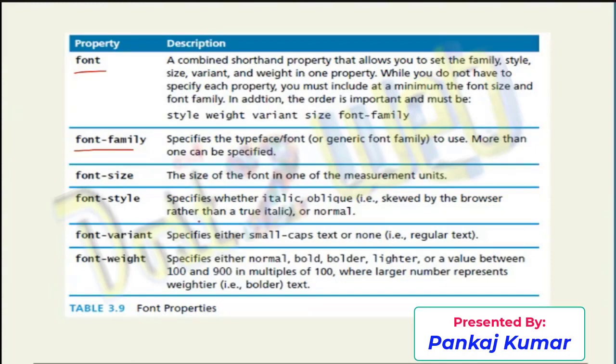Then font variant, like you want small letters or capital letters, or regular text, you can define accordingly. Same way font weight, that means bold, bolder, lighter, and the value will vary from 100 to 900 in multiples of 100, like 100, 200, 300, 400, 500 till 900, and you can define accordingly.